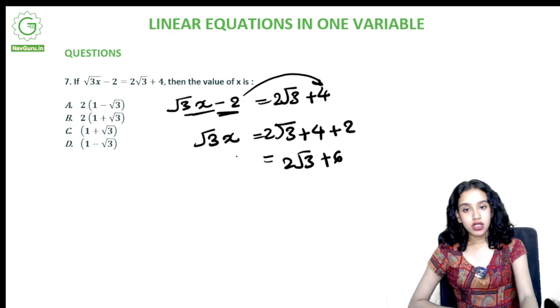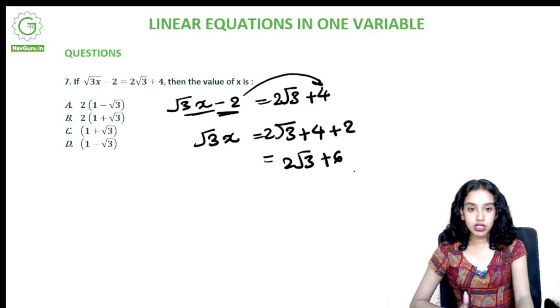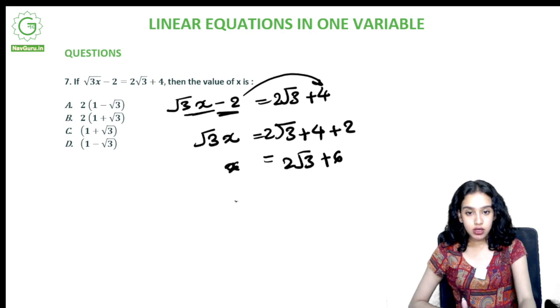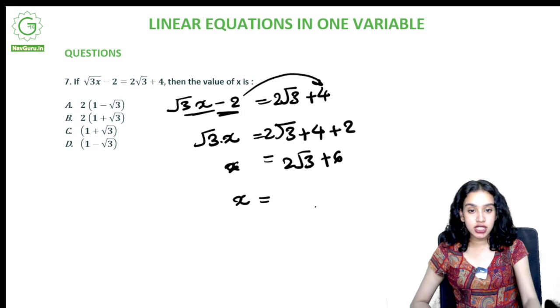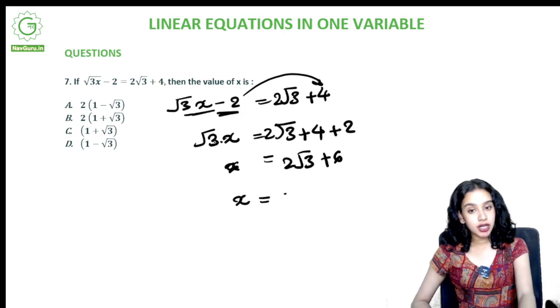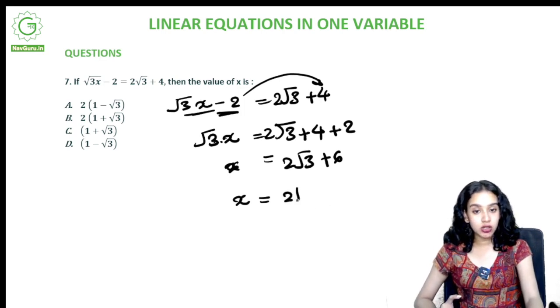Now, root 3x is equal to 2 root 3 plus 6, right? So what is x? X is equal to, this is multiplied by root 3. So when I take it onto the other side, it becomes divided by root 3.